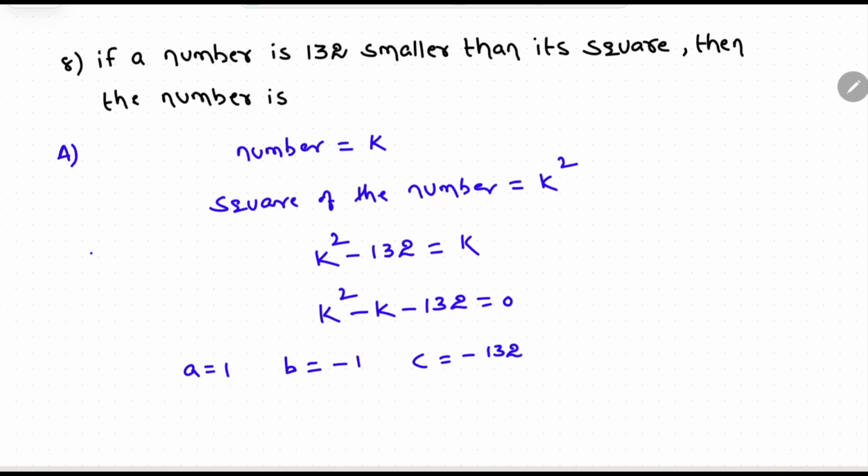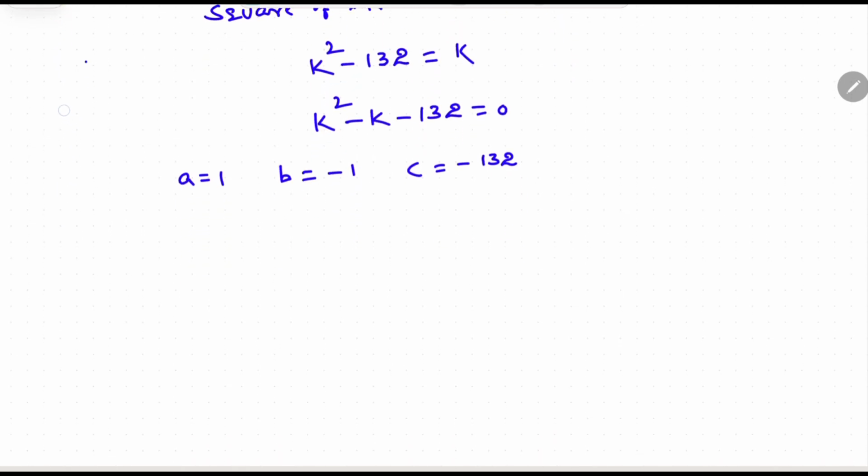So by using the quadratic formula, k is equal to minus b plus or minus root of b square minus 4ac by 2a.